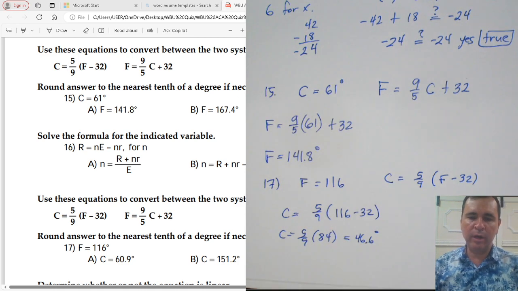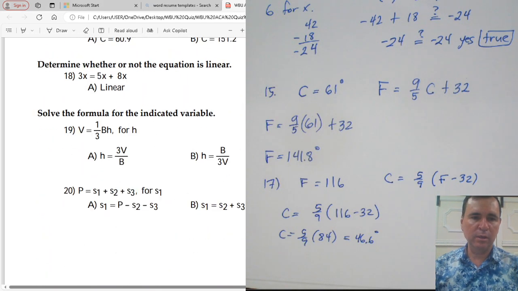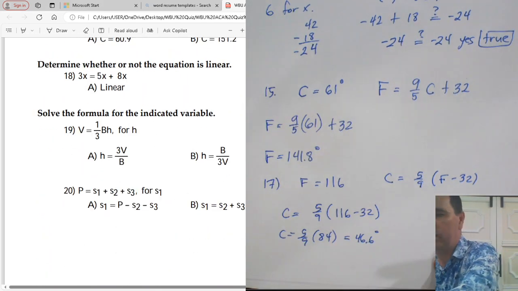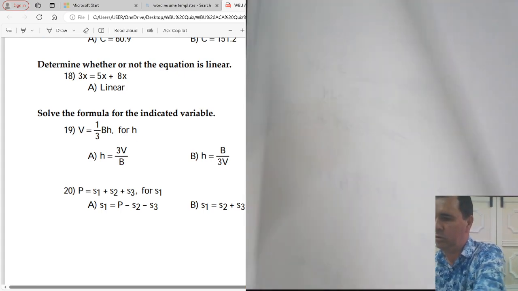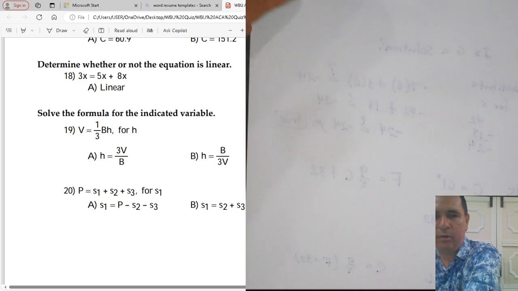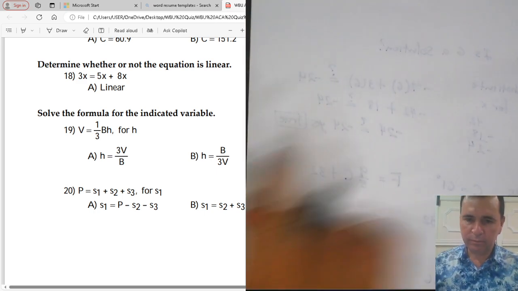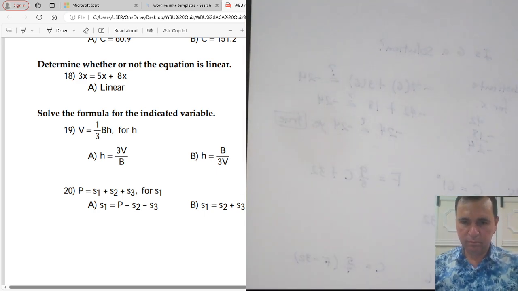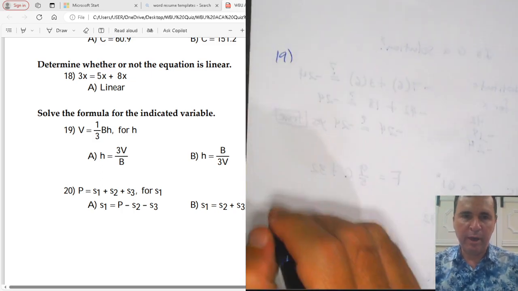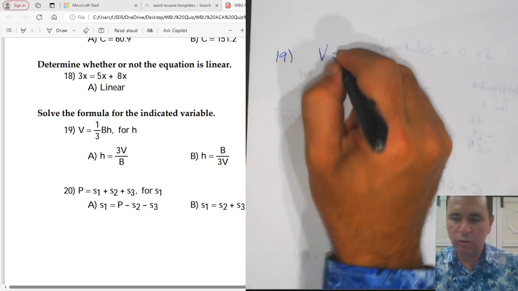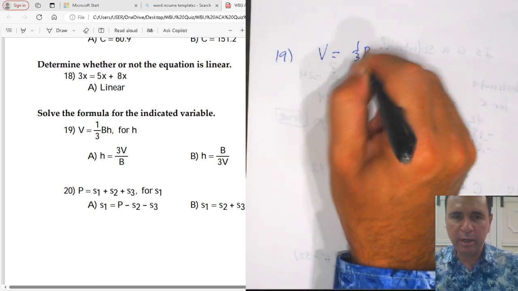I'm going to go ahead and do 19. Should be pretty easy. It says to leave a volume alone, right? Okay, so we have volume is equal to 1/3 base times height.